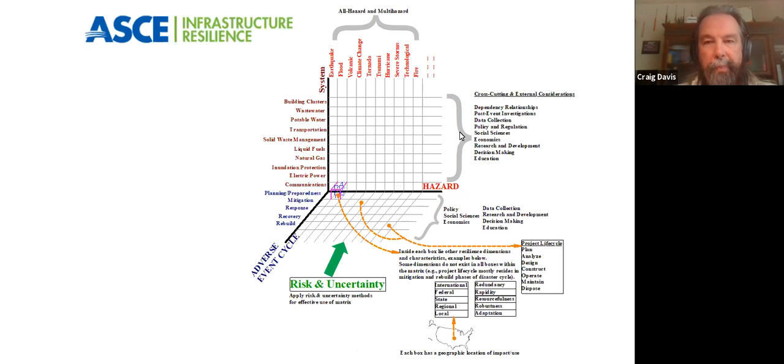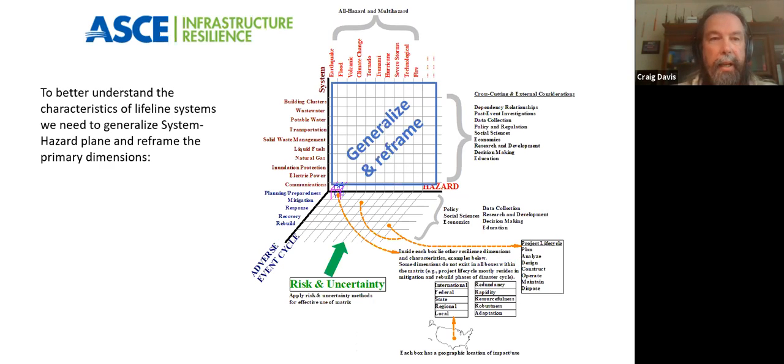So here I show again the 3 primary dimensions, the model from the ASCE. And to understand the characteristics across all lifeline systems, we want to generalize this frame, this hazard system frame.